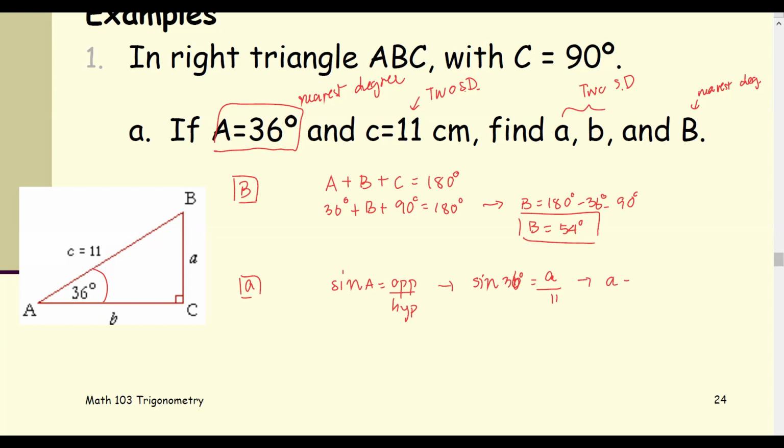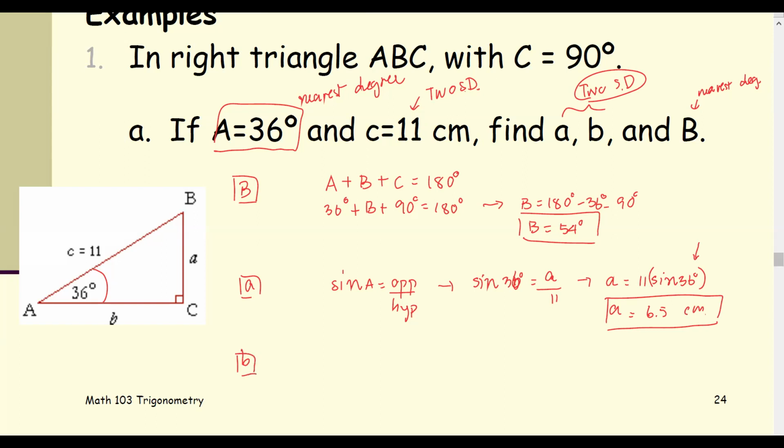Then compute A by multiplying both sides by 11. So A is 11 multiplied by sine of 36 degrees. Put it in the calculator to get A equals, and we need two significant digits for sides A and B. So A would be 6.5 centimeters. Make sure your calculator is set to degree mode.